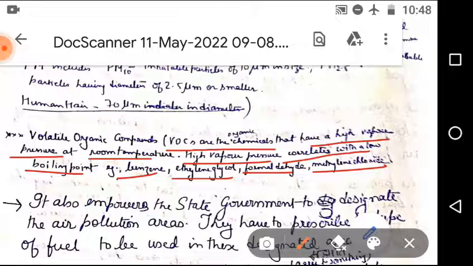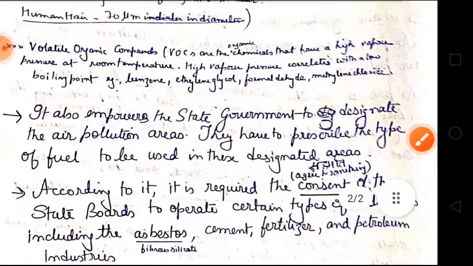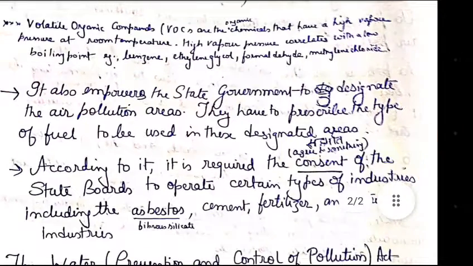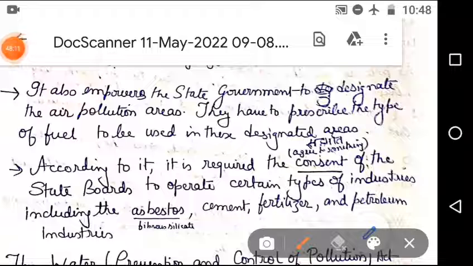So coming back to the Air Act, two more points. It also empowers the state government to designate the air pollution areas.